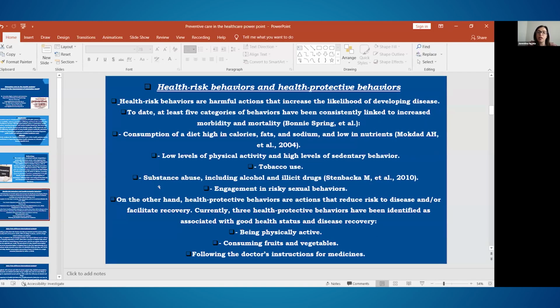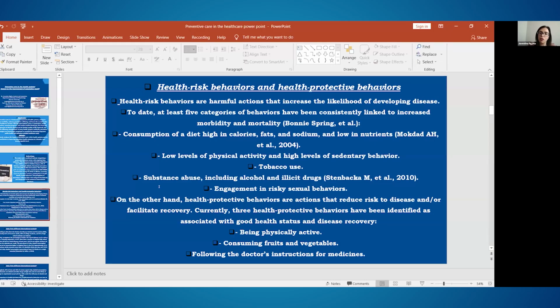So I can continue with health risk behaviors and health protective behaviors. Health risk behaviors are harmful actions that increase the likelihood of developing disease. I can mention at least 5 categories of behaviors that have been consistently linked to increased morbidity and mortality.